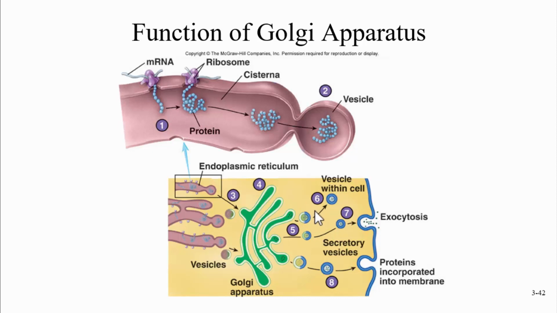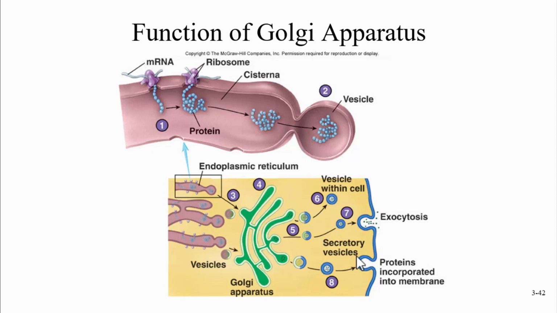I've mentioned them earlier. Or maybe it just made a digestive enzyme, in your pancreas. And so it pinches off that little vesicle that has that pancreatic enzyme in it, attaches to the cell membrane, and through exocytosis, it kind of spits that out into a duct.